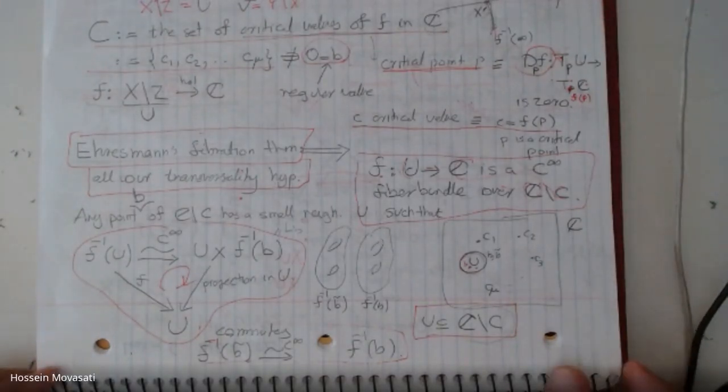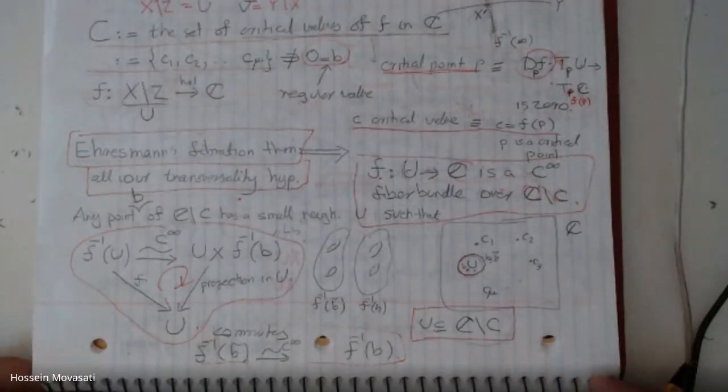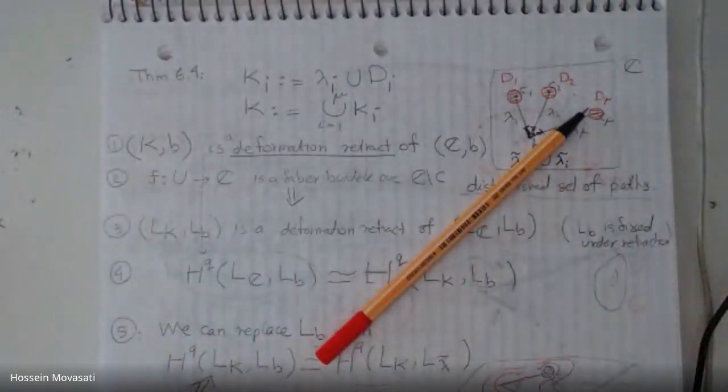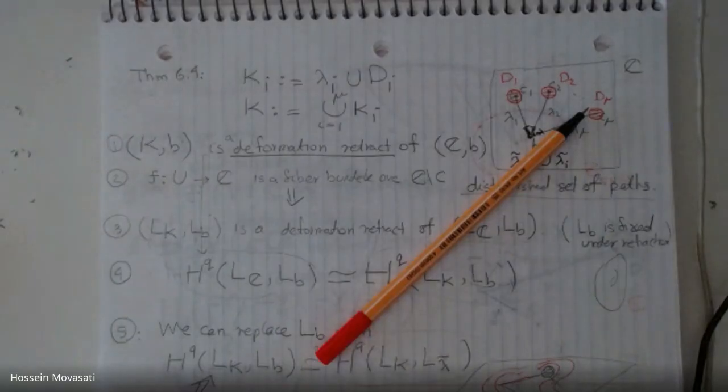Once this is done, the proof of our main theorem is a kind of classical exercise in algebraic topology using a bunch of axioms of cohomology theory. Maybe now that this is a reproduction of lecture 6, it will be faster. Maybe I tell the reference, the place in my book.